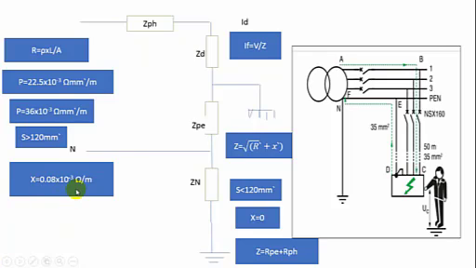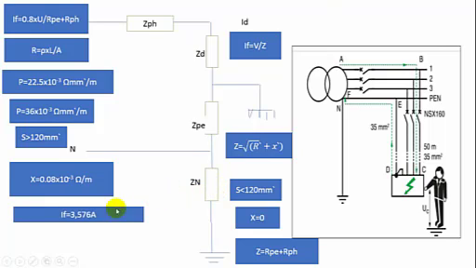It's less than 120 millimeter square, so the reactance is negligible, equal to 0. So we can calculate with a length equal to 50 meters.